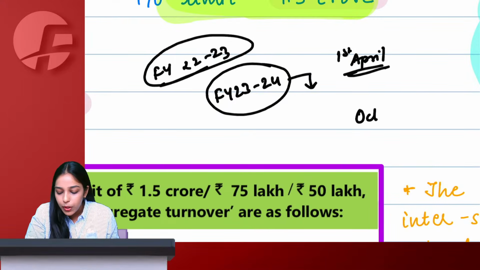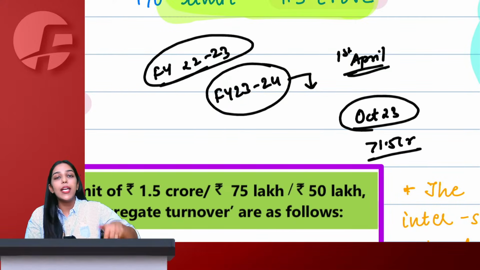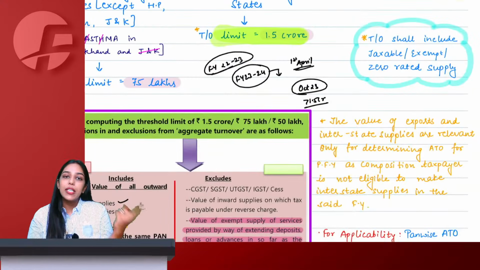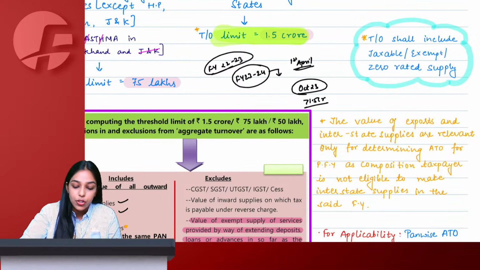Let's say in October 2023, my turnover exceeded 1.5 crore. Then from the day on which my turnover crossed the 1.5 crore limit, I will be ineligible for composition scheme, and I will have to compulsorily shift to the regular scheme. So preceding financial year turnover, anyways, you have to see. Also in the current year, your turnover should not exceed the threshold limit whenever you are opting for composition scheme.